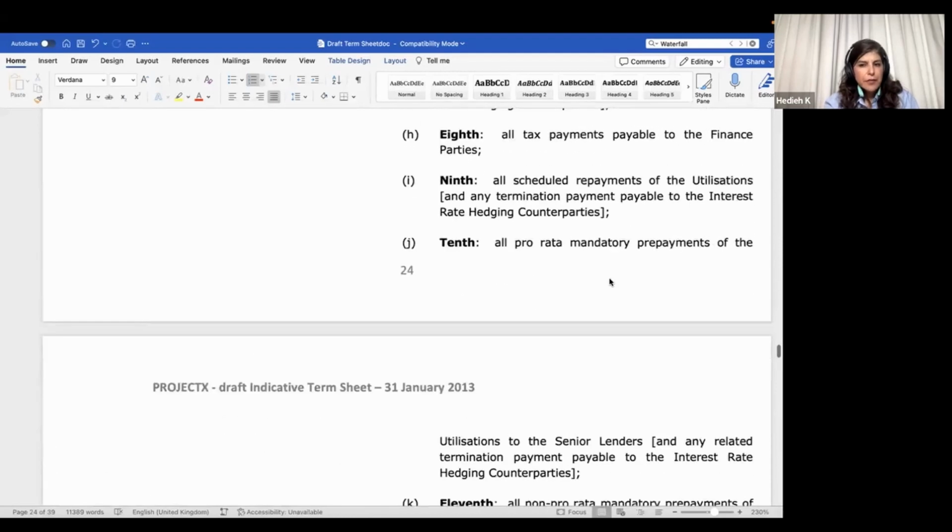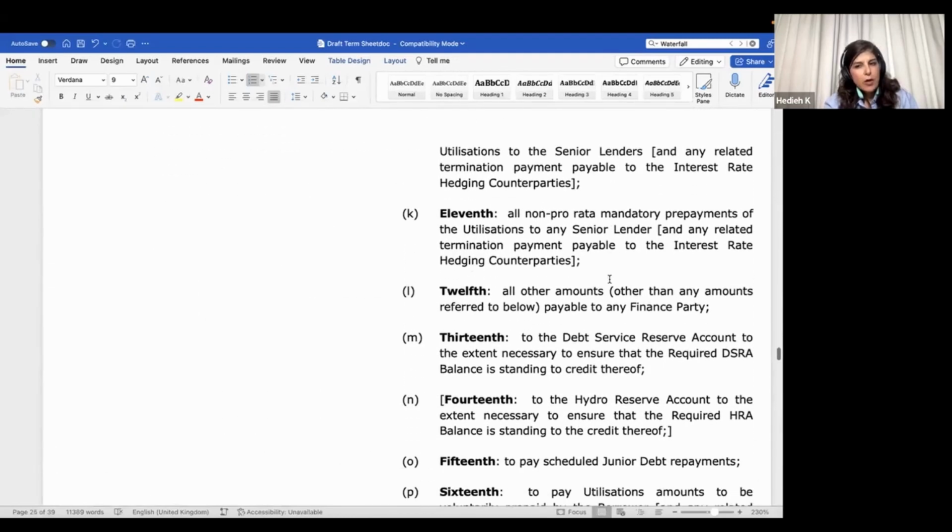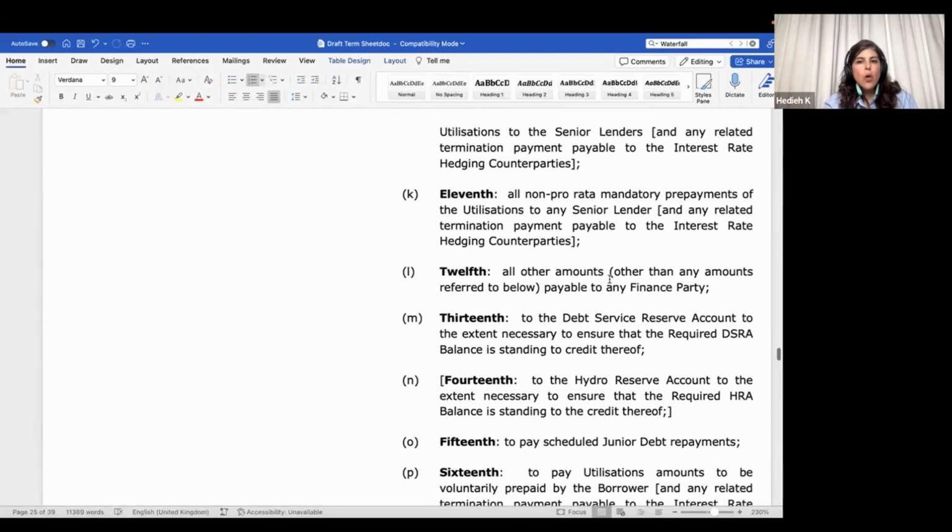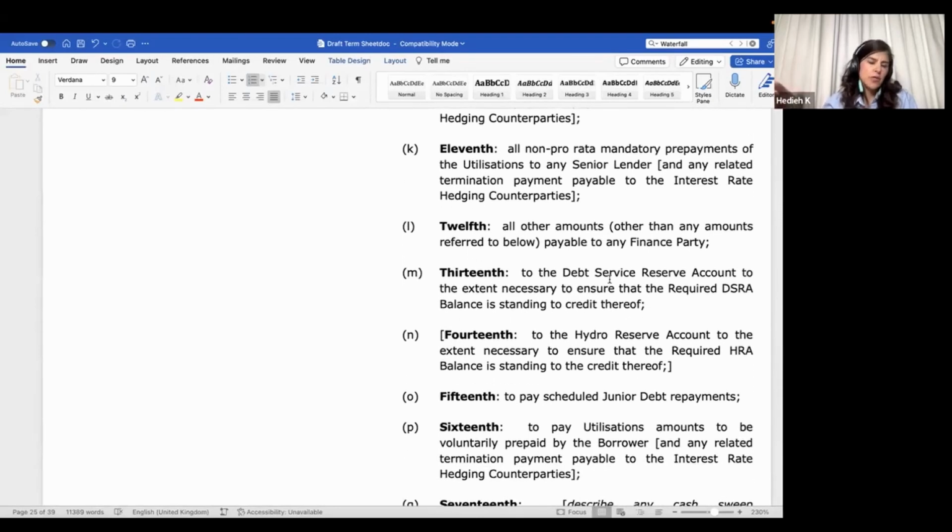And then after we pay our debt service, we also have the reserve accounts, the multiple reserve accounts that we need to have in a project finance transaction, like the debt service reserve account and the maintenance reserve account. All of them are ranked after the senior debt service repayment. So the funding of these accounts, if they are funded with cash from operation, has a ranking also in the cash flow waterfall.